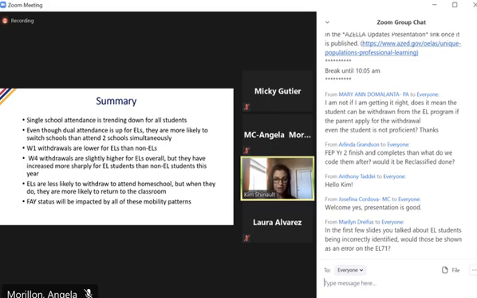Also, ELs are less likely to withdraw to attend homeschool, but when they do, they are more likely to return to the classroom. And what all of this mobility is getting to is the fact that it will affect the FAE status. If you're not familiar with this term, a FAE student is one who has been there for the full academic year.